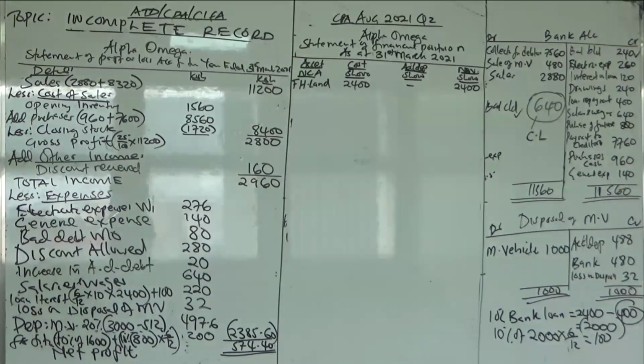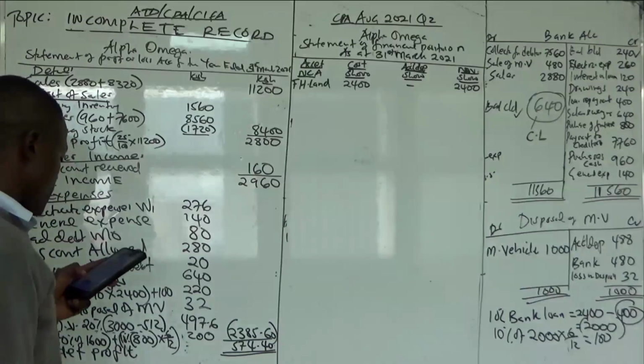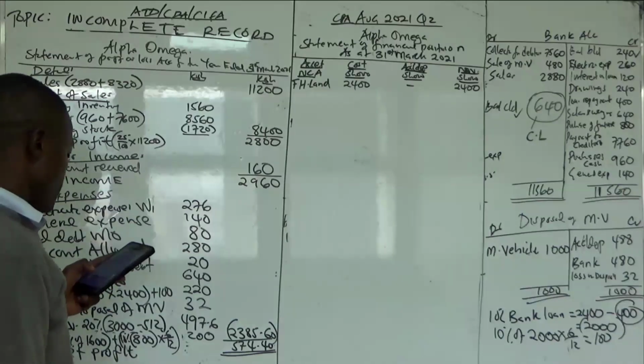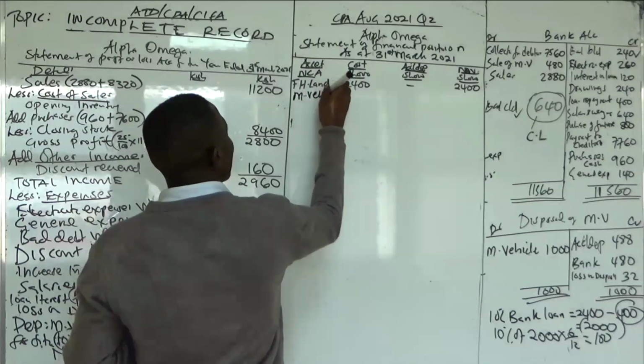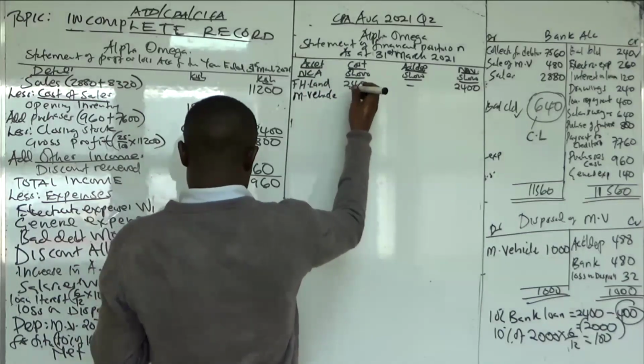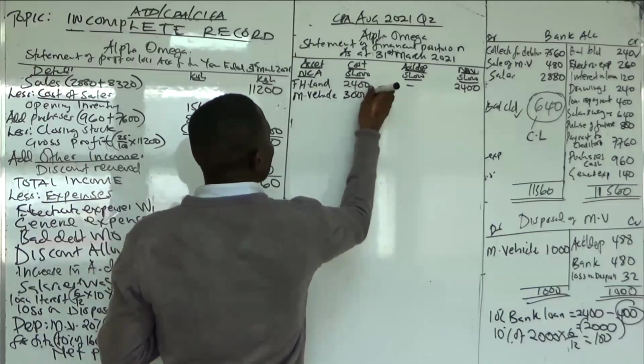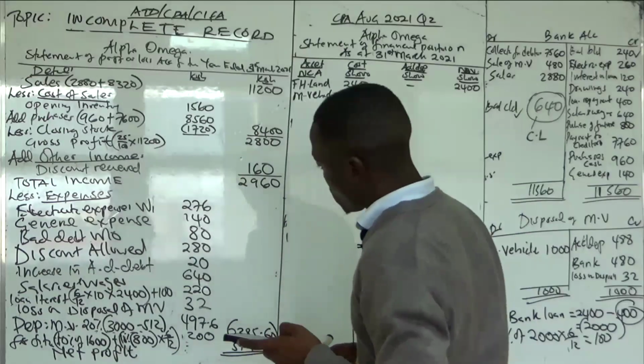Another depreciation, there is motor vehicle. What is the cost? 3. But it depreciated, right?